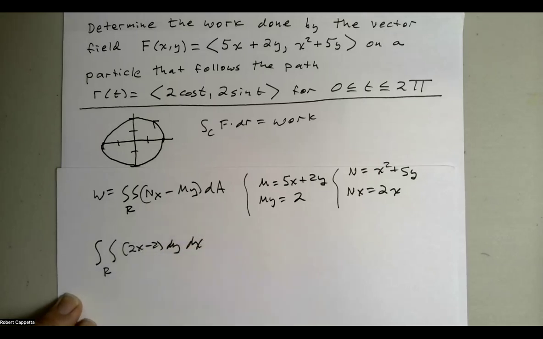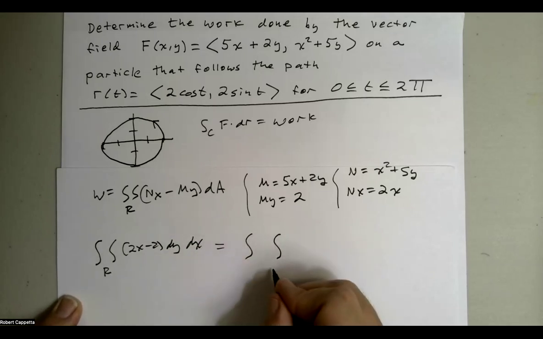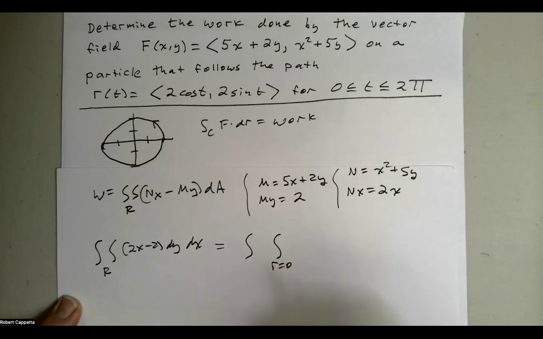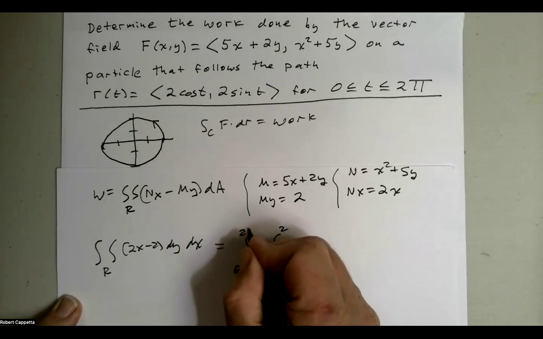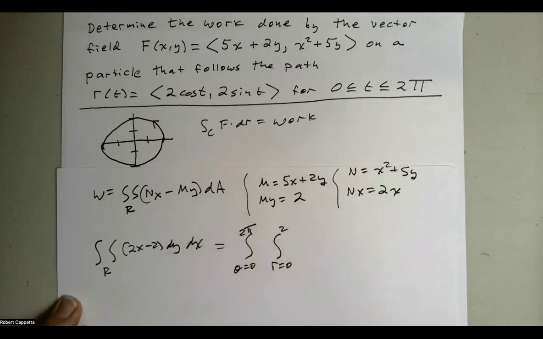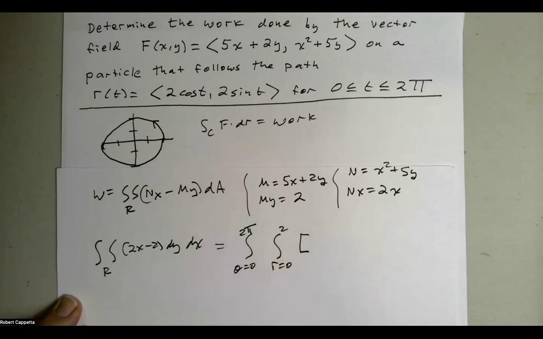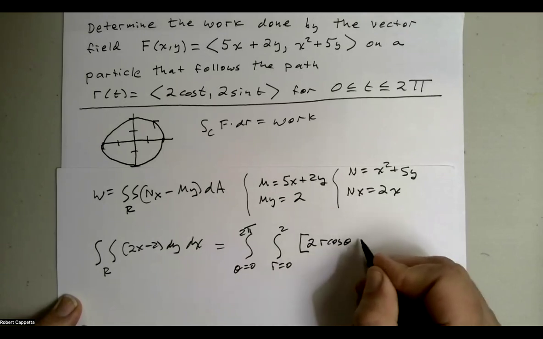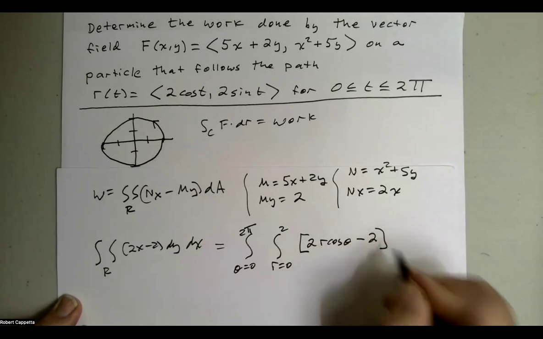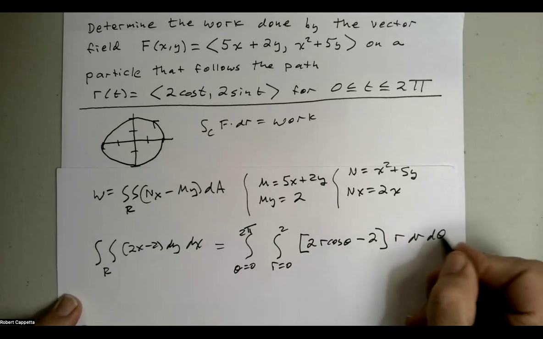But then we need to be smart because we want to convert this to polar coordinates to make this work. We can see that r goes from 0 to 2. We can say that θ goes from 0 to 2π of what? Of 2x minus 2. Well, what is x in the world of polar coordinates? That's 2r cos θ minus 2. What is dy dx? dy dx is, of course, r dr dθ.